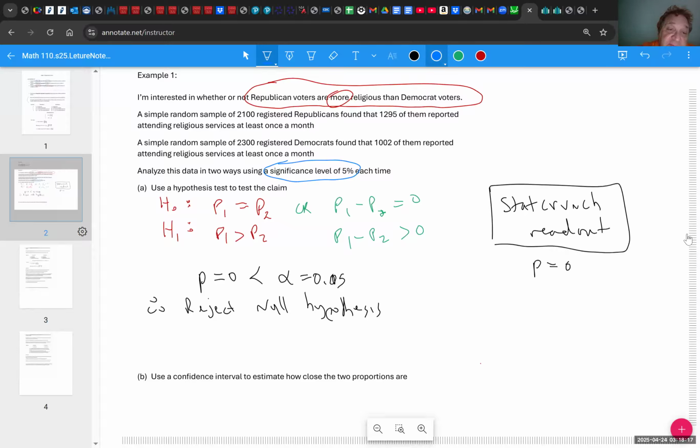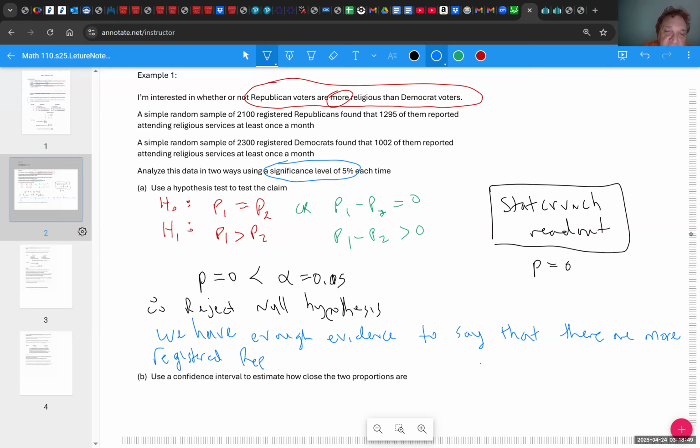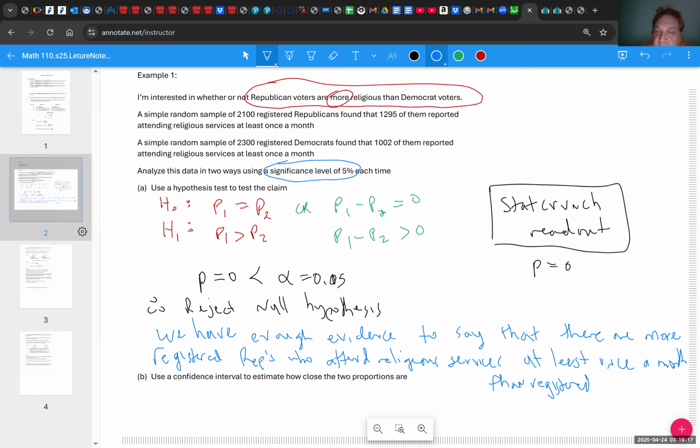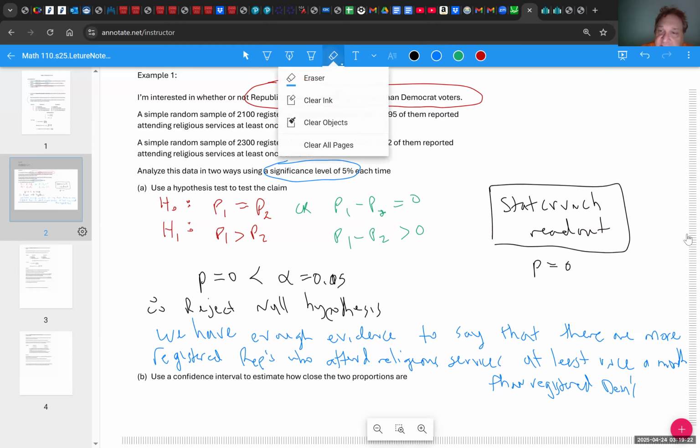So we could also say, more specifically, we have enough evidence to say that there are more registered Republicans who attend religious services at least once a month than registered Democrats do.